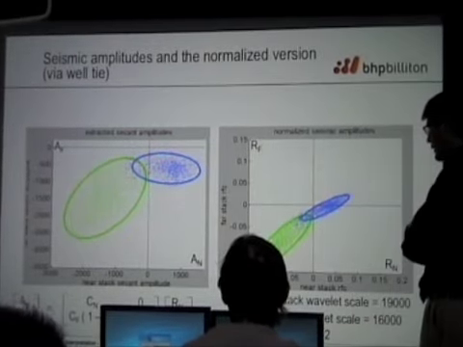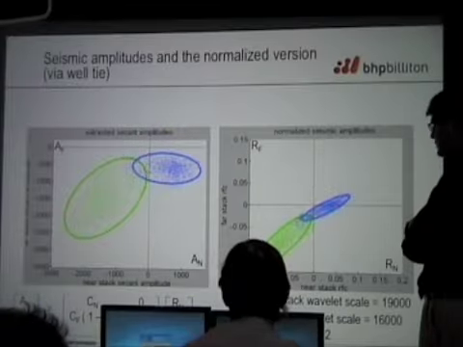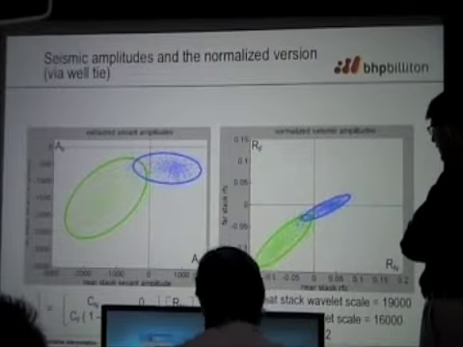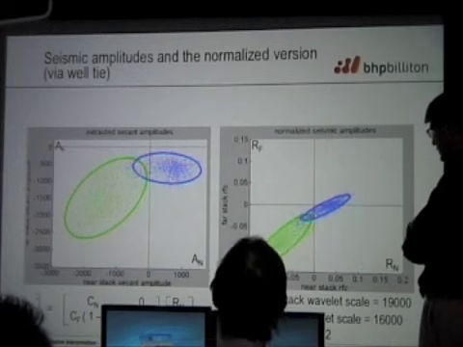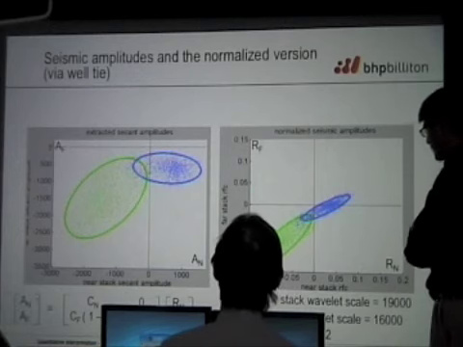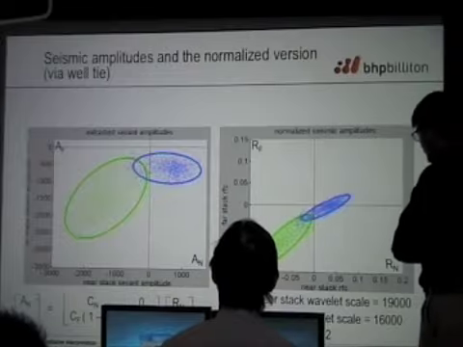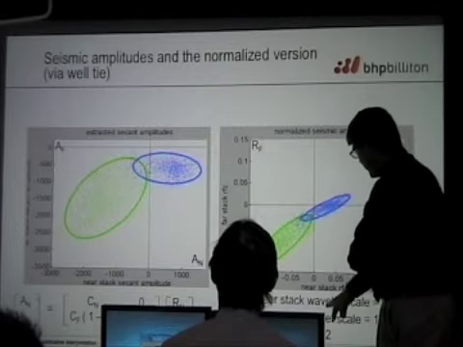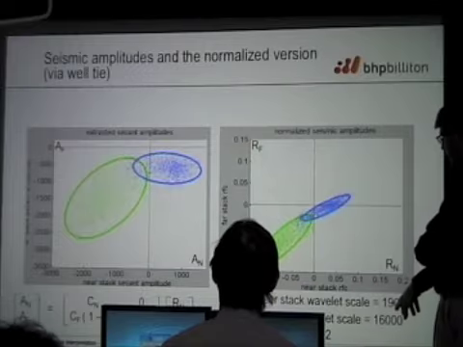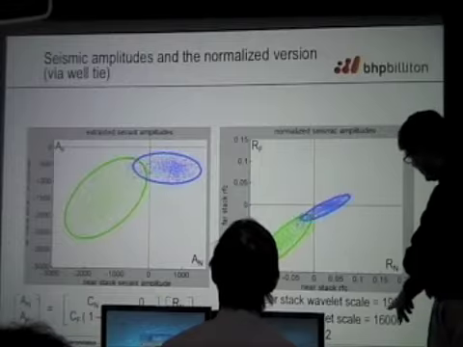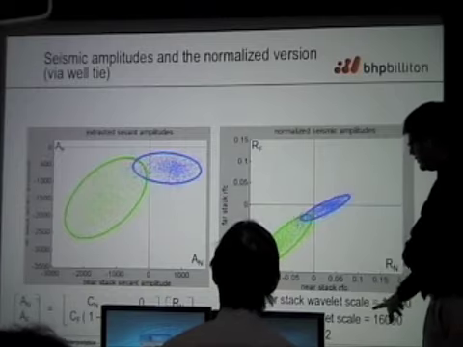And what you end up finding when you take a look at this is if you did one of these matches, there's a wavelet, or a coefficient, that maps the near stack to the near reflection coefficient, and that ends up being a particular number.